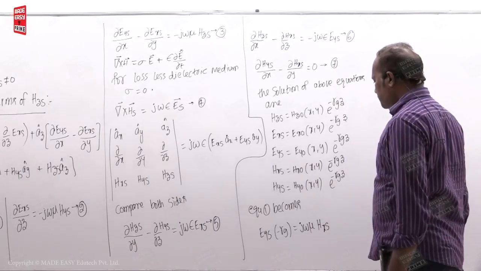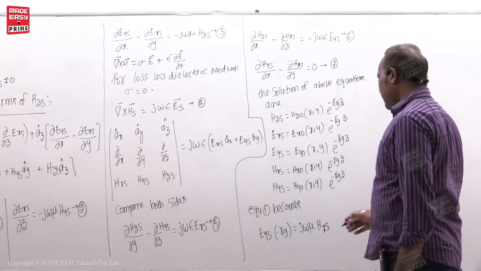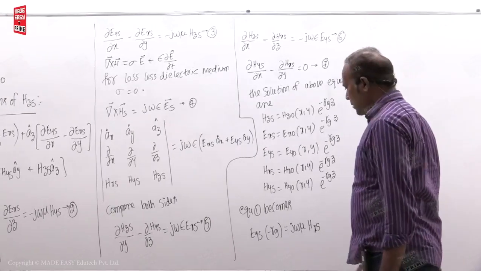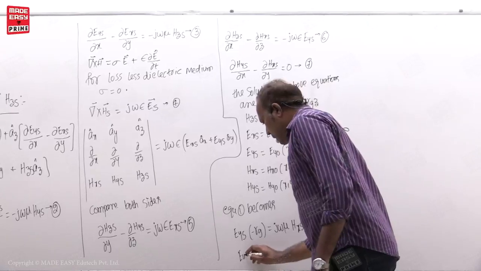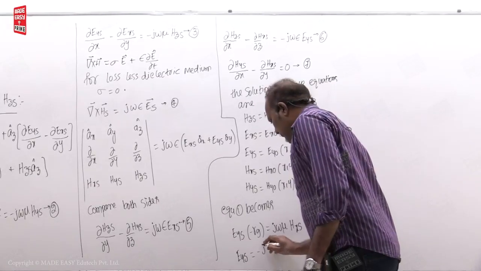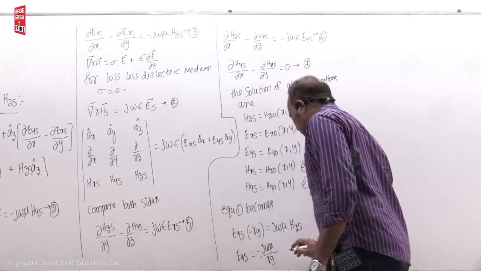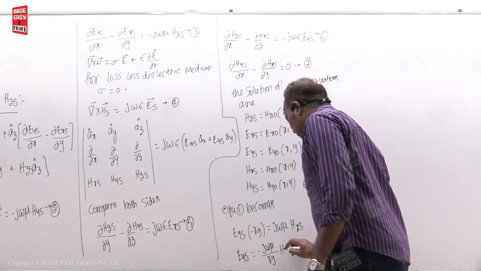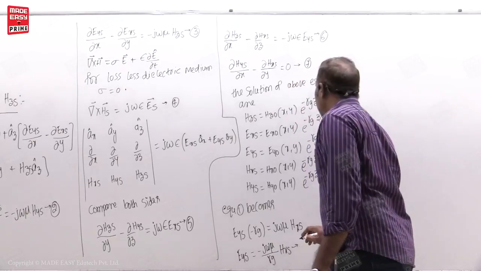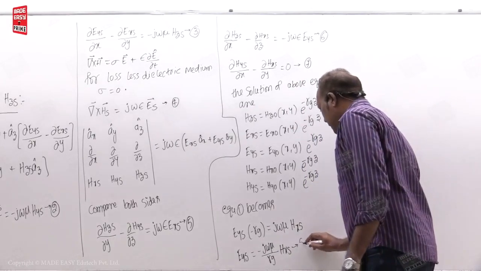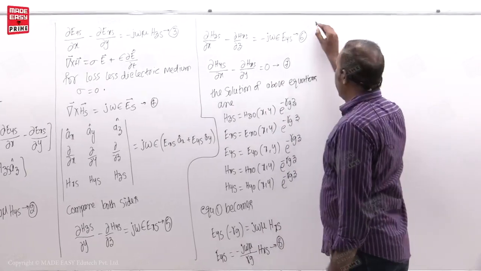So anyway, you can put it like this, or otherwise you can write Eys is equal to minus j omega mu divided by gamma g into Hxs. So this is equation number 8, students, right?